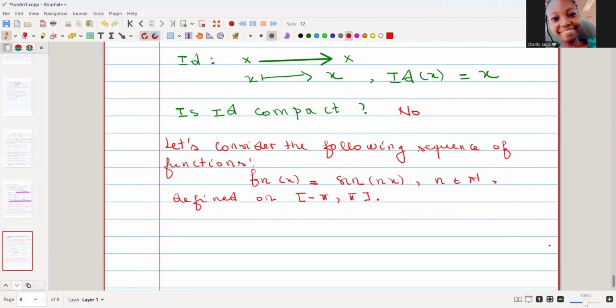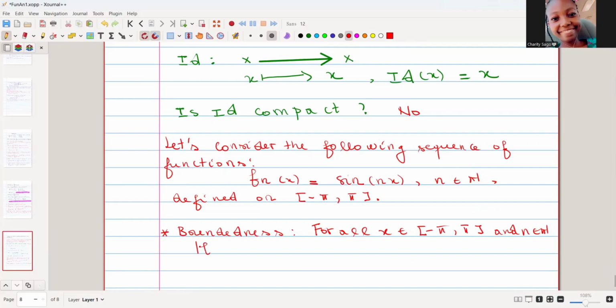Okay, so the first thing we are going to check is the boundedness. For all x in minus pi to pi, what do we have?